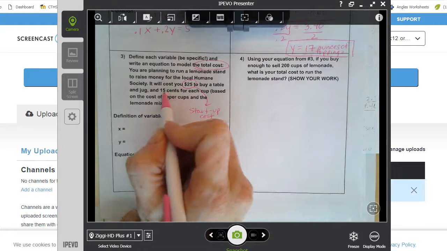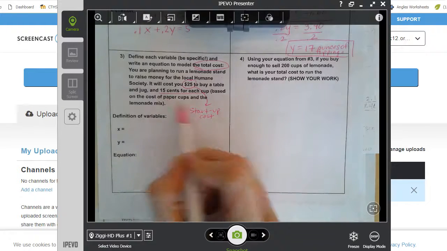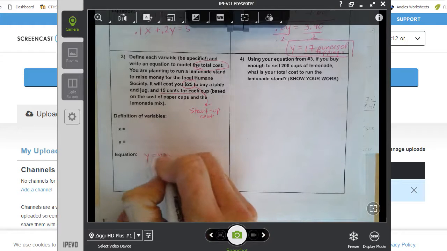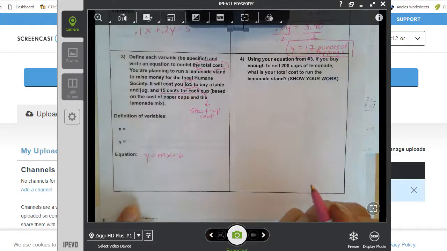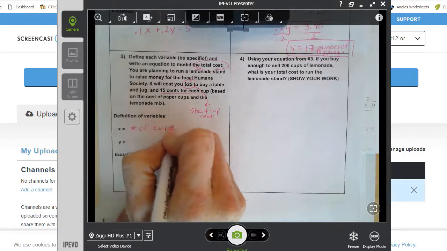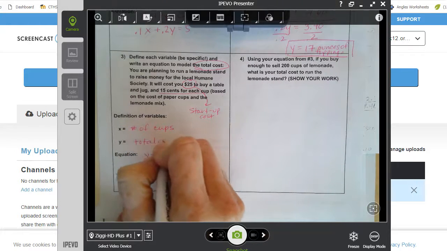And then 15 cents for each cup is a rate of change, and that's the only rate of change I'm hearing here. So I'm envisioning a y equals mx plus b slope-intercept situation, where x equals the number of cups, and y is going to be my total cost.